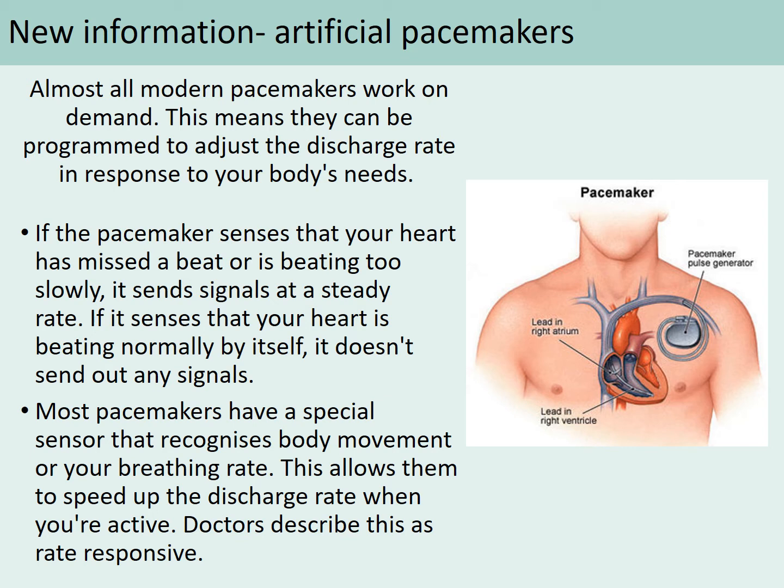A very, very common procedure is to have an artificial pacemaker inserted via an operation, and they're very, very useful because they will correct any irregular heartbeats, whether they are going too fast or too slow. They will allow your heart to beat naturally. It only steps in when there is a problem, and it just makes sure that your heart is pumping efficiently.